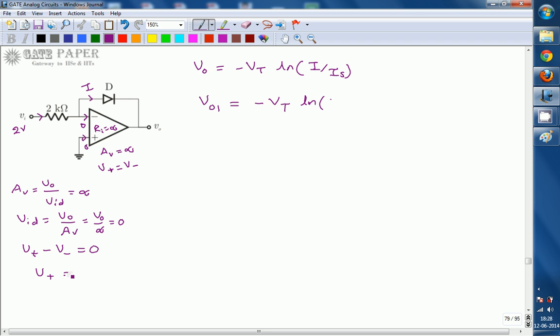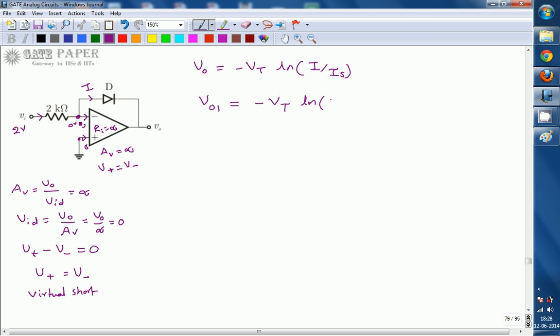So V plus is equal to V minus. Whenever one input terminal voltage is known, the other will be at the same voltage. The non-inverting terminal is at ground, so the inverting terminal is also at ground, 0 volts.